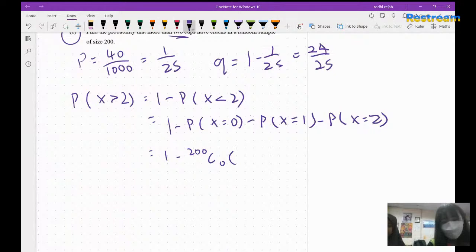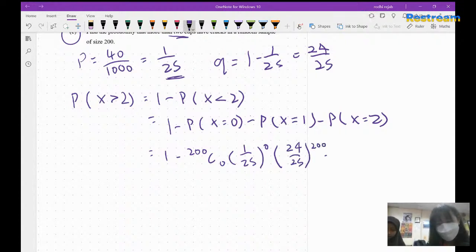The probability of a crack is 1 over 25, so we substitute 1 over 25 into P, with 24 over 25 for Q, and n equals 200. The P is still the same.